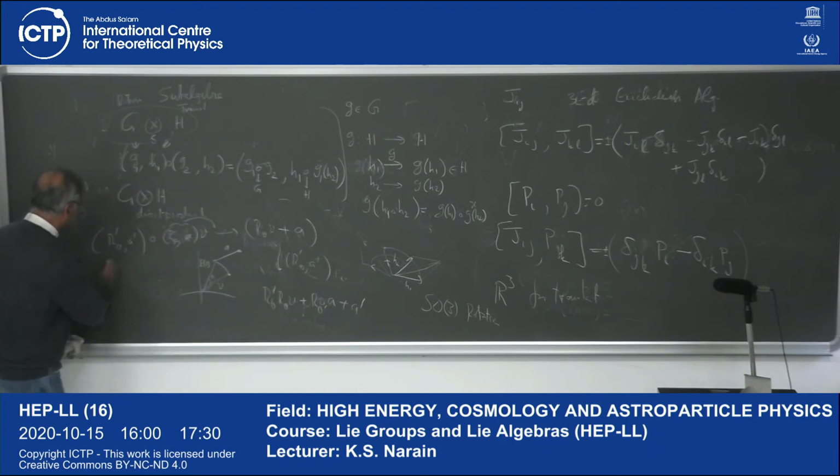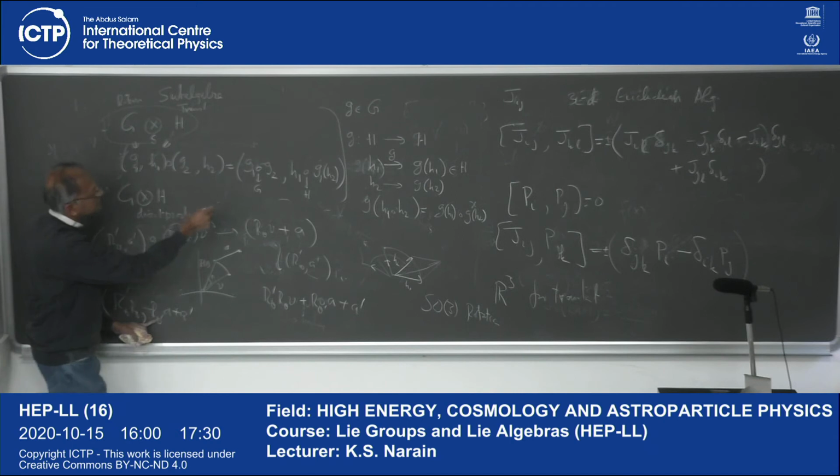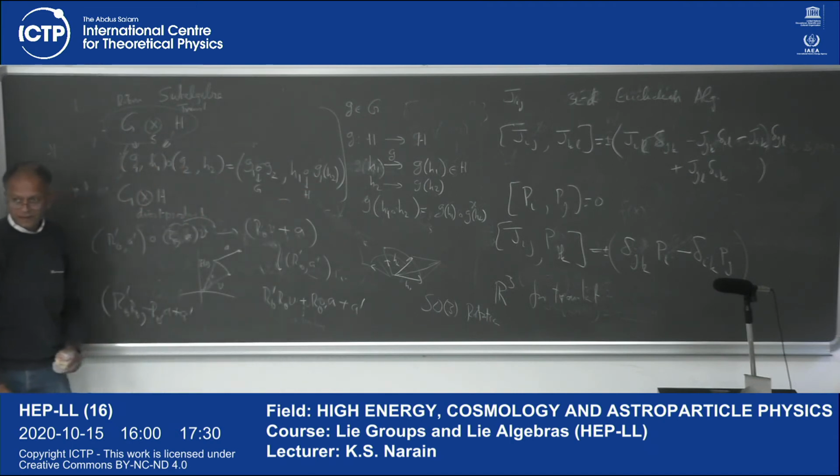You get R theta prime R theta, the first element, because that's just the rotation of the original vector V. And then the translation has become R theta prime A plus A prime. It is not just A plus A prime, it is R theta prime acting on A plus A prime. But this is nothing else but an automorphism of A, the rotation of A, which is what I call here G1H2. So just from the way we define the Euclidean group, the product rule is actually the semi-direct product rule.